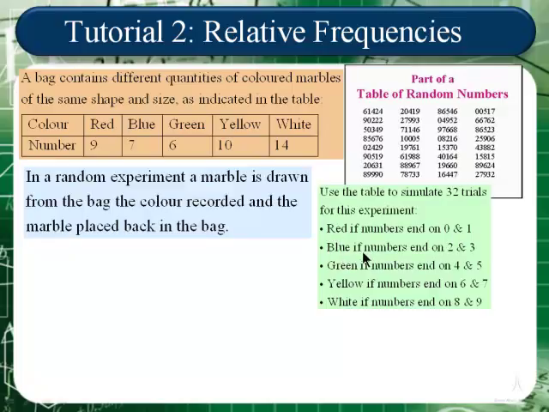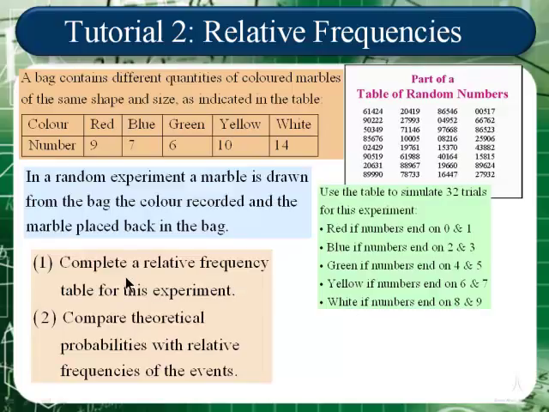Blue will be recorded if the number ends on a 2 or a 3, green if it ends on 4 and 5, yellow if it ends on 6 and 7, and white if it ends on 8 and 9.